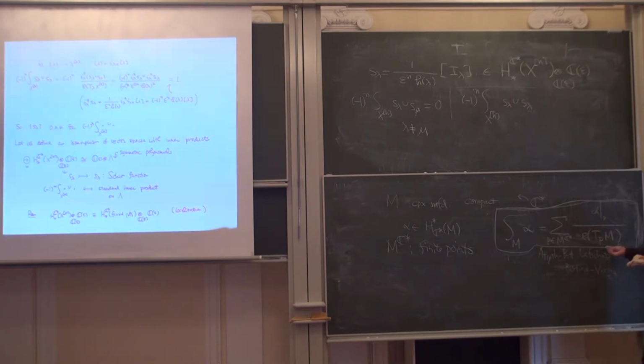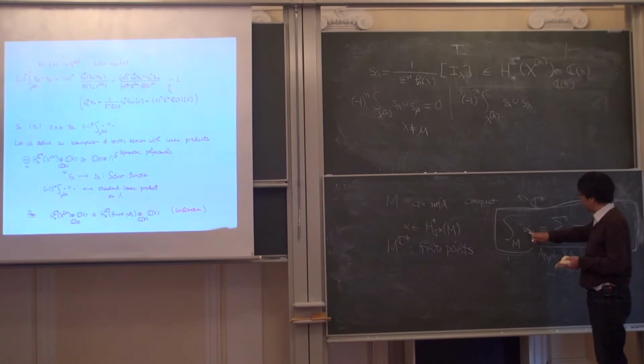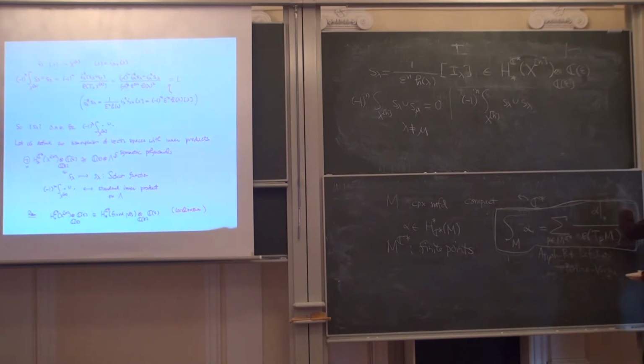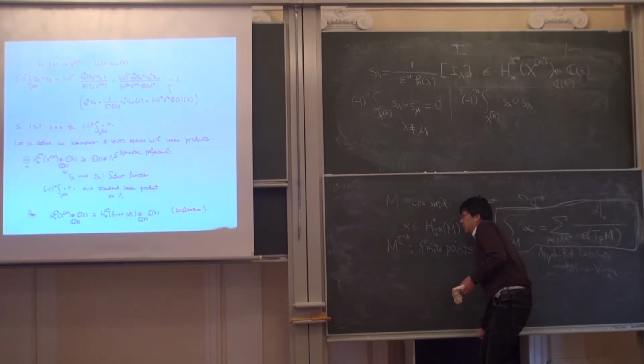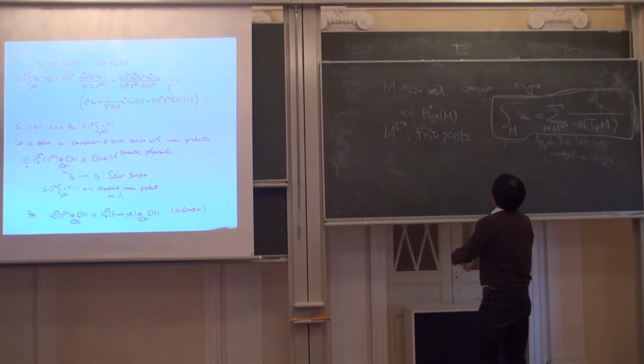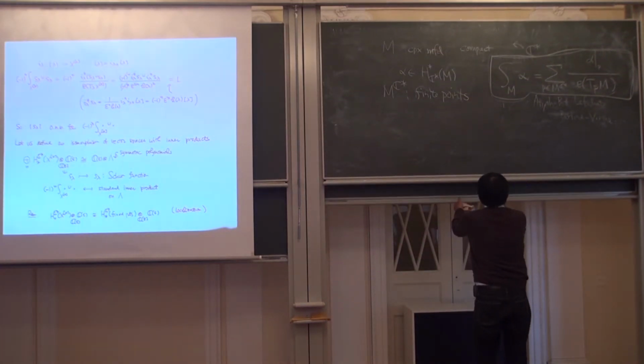So it means that if the degree of alpha is different from the dimension of M, then 0 equals some very complicated expression. That is a very non-trivial combinatorial identity. Sometimes you can prove it in a purely combinatorial way, but sometimes not. So this kind of play with the fixed point formula is quite interesting. But anyway, I use this formula.